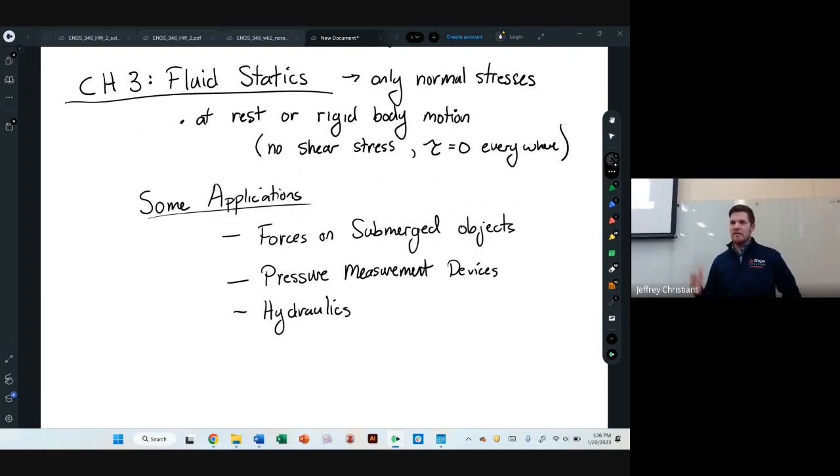And hydraulics are an interesting one just because it's a field we could have had a whole class just on hydraulics. So we're not going to have that class, but hydraulics you see everywhere, and they're interesting because hydraulics are, pound for pound, the highest force outputting types of machinery, right? There's a reason that the bucket on an excavator is powered by hydraulics.